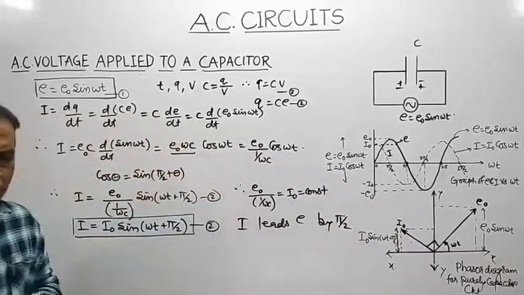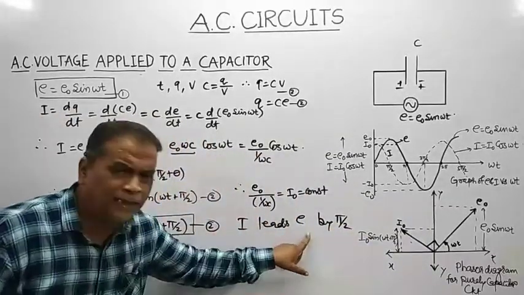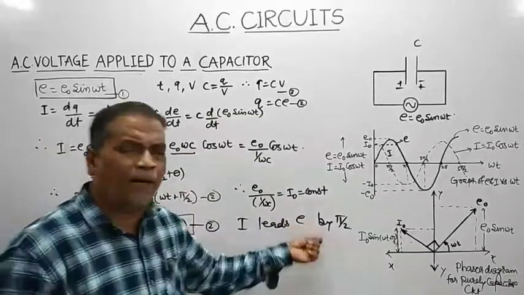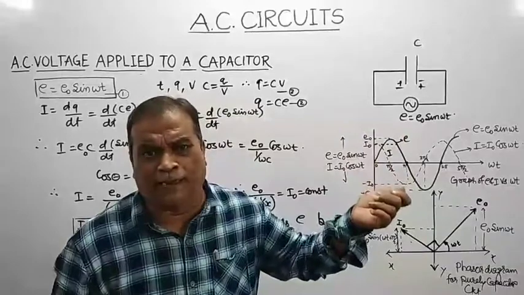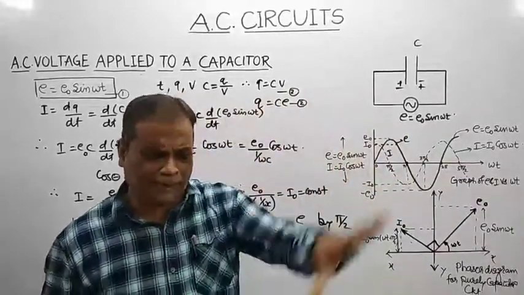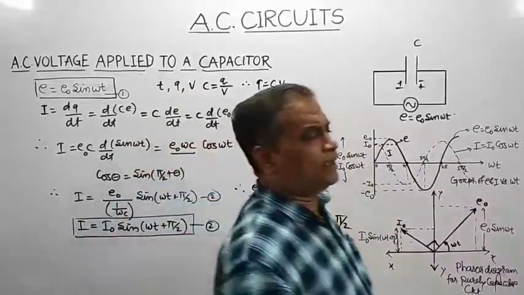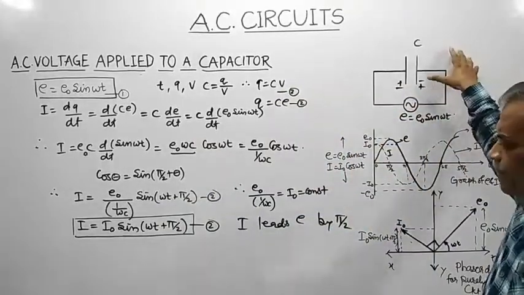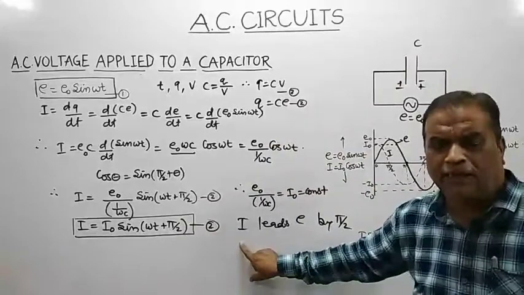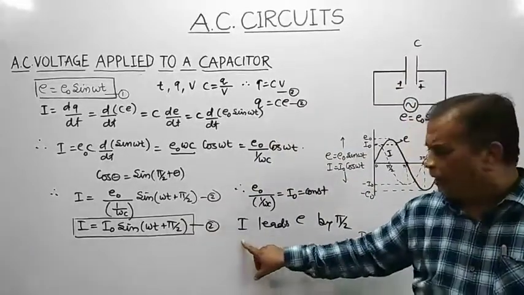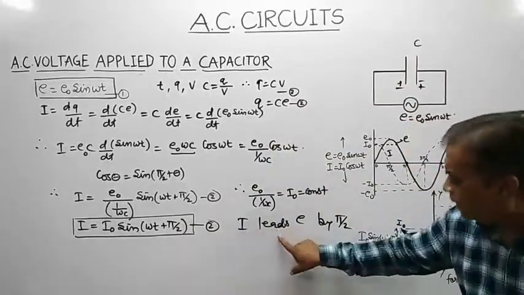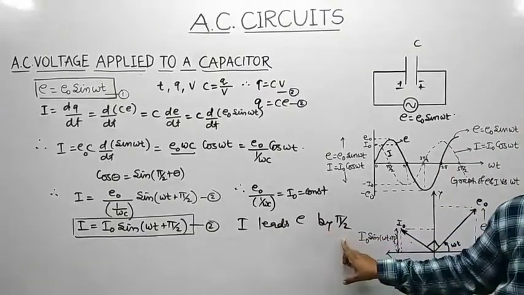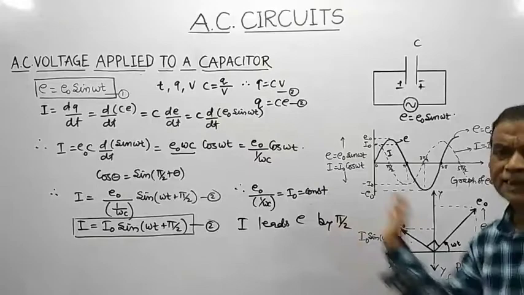Alternating current leads the alternating EMF by phase angle of pi by 2 radian in a purely capacitive circuit. So the most important concluding line: in a purely capacitive circuit, alternating current leads the alternating EMF by phase angle of pi by 2. What is the reverse of this?